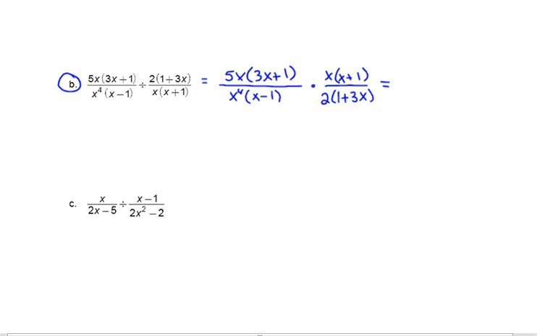Okay. So what can we cancel? Is there anything we can cancel out? Is there anything that can reduce out? Is 3x plus 1 the same as 1 plus 3x?